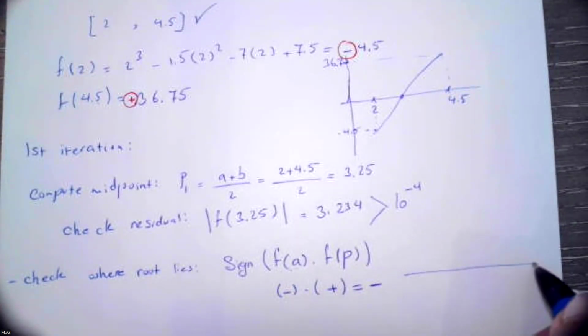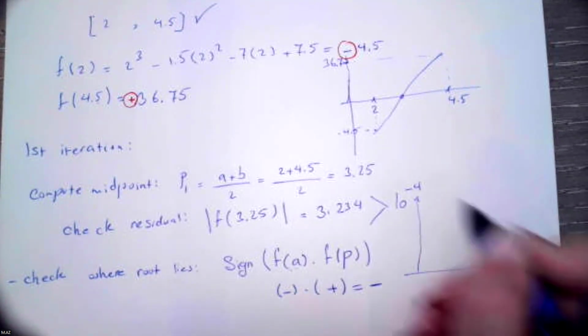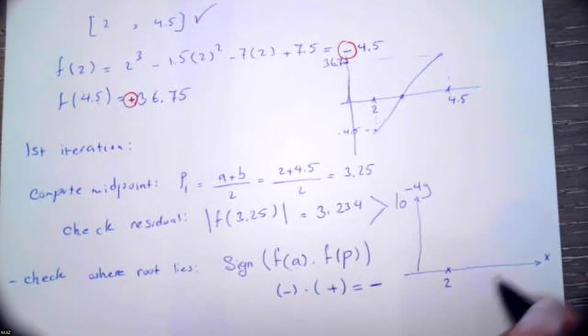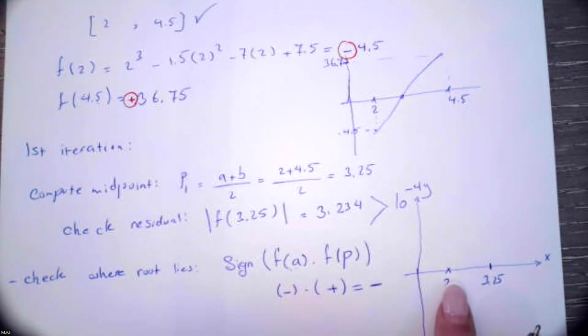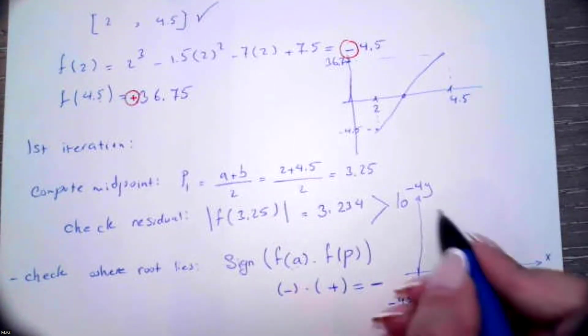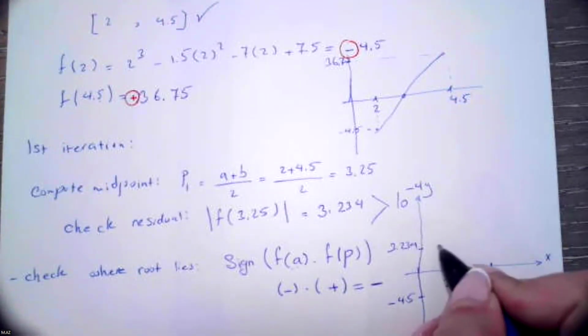And if I draw it visually, okay, see, this is X, this is Y. When X is 2, and this is the midpoint, 3.25, the value of the function at point 2 is minus 4.5, and at the midpoint is 3.234.